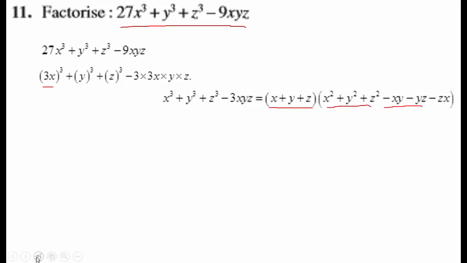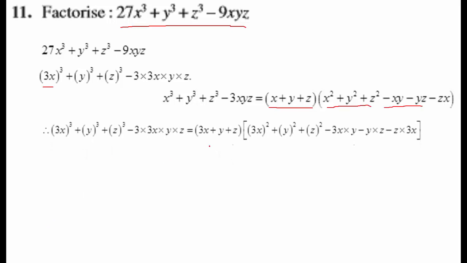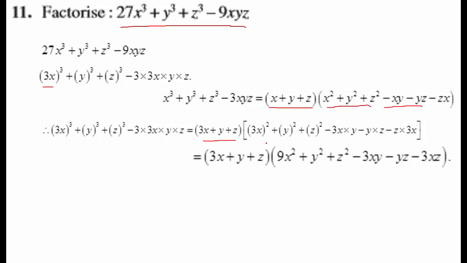On substituting, this will become (3x plus y plus z) into ((3x) whole square plus (y) whole square plus (z) whole square minus 3x into y minus y into z minus z into 3x), and this is 9x square plus y square plus z square minus 3xy minus yz minus 3xz. These two are the factors.